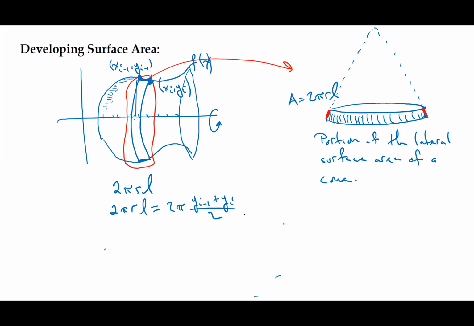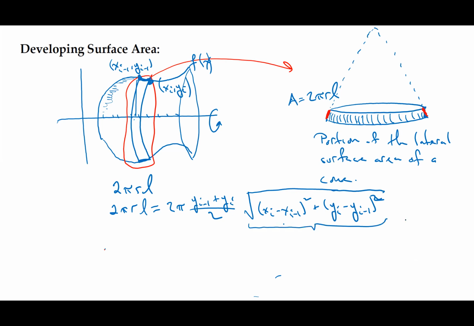If I write it like this, square root, this piece here should look like something we've seen before, right? It should look like something we've seen before.